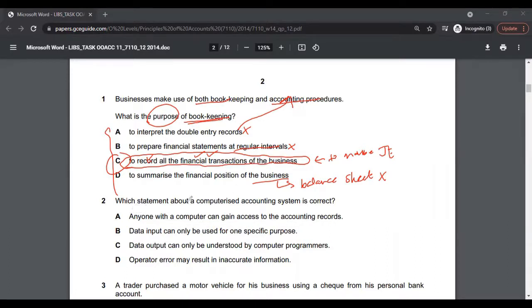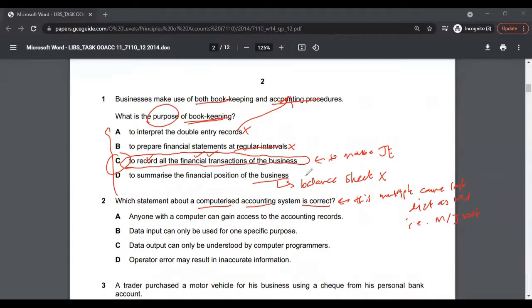Multiple choice 2. Which statement about the computerized accounting system is correct? So if you see this multiple choice, it came last diet as well, that is June 2014.